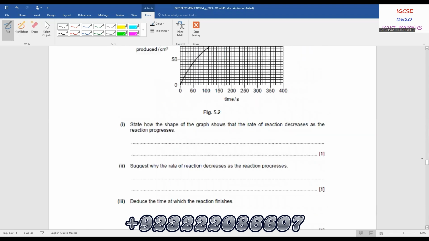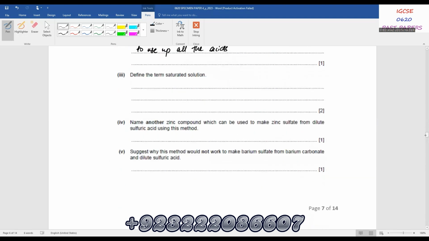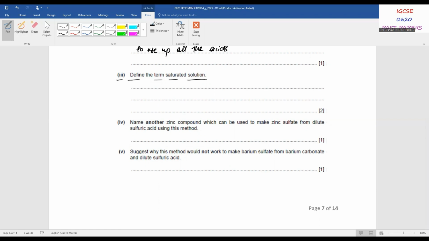Define the term saturated solution. Solution which cannot hold any more solute particles. So you have to mention the temperature also, because at higher temperature, saturated solution become super saturated.